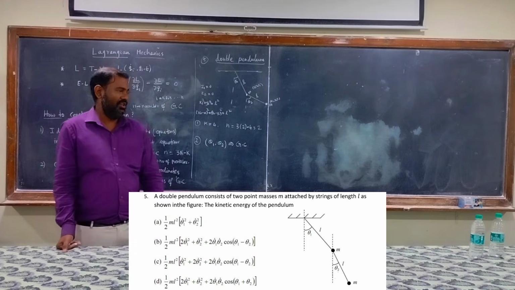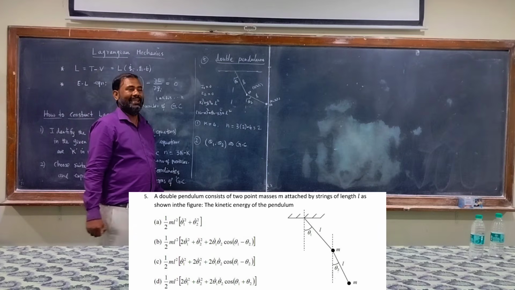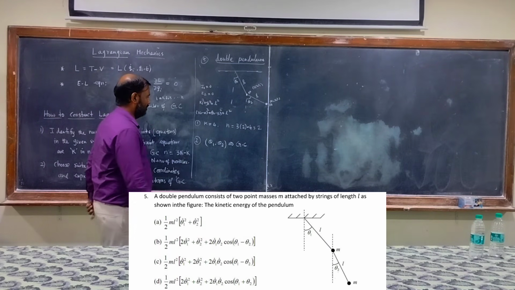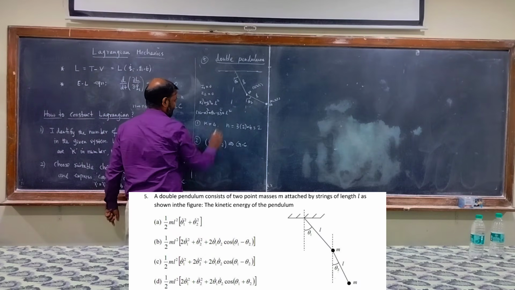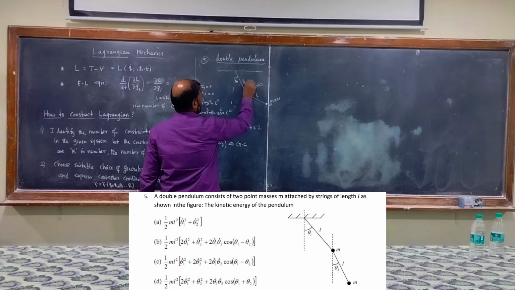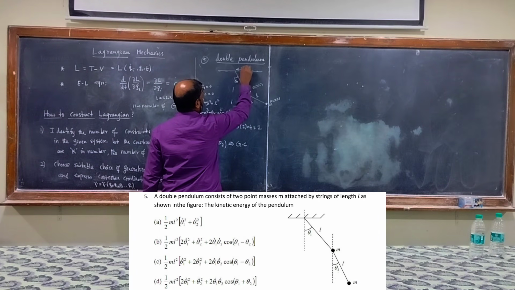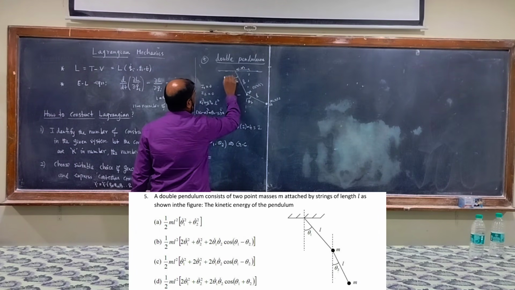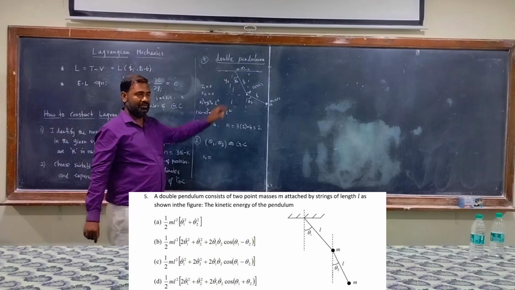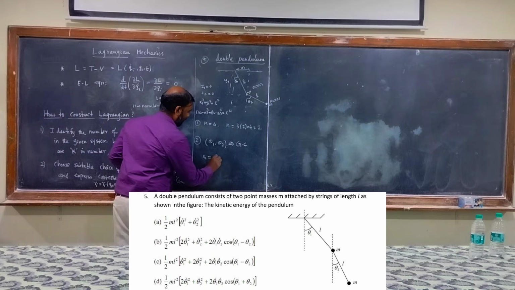Okay. So once you choose the generalized coordinates, what is the next step? Express Cartesian coordinates in terms of generalized coordinates. Okay. So what is the Cartesian coordinate of the first mass? x1, and this is y1. Third projection. So what is x1? L sin theta 1, y1 is minus L cos theta 1.